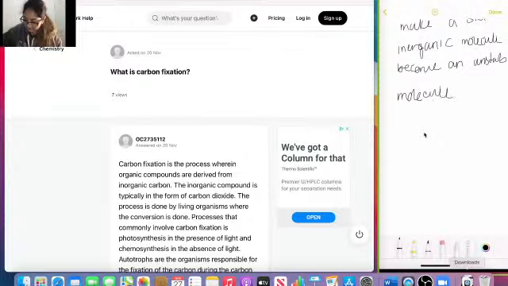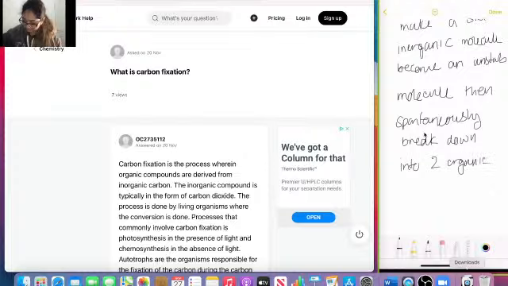And then it spontaneously breaks down into two organic molecules.